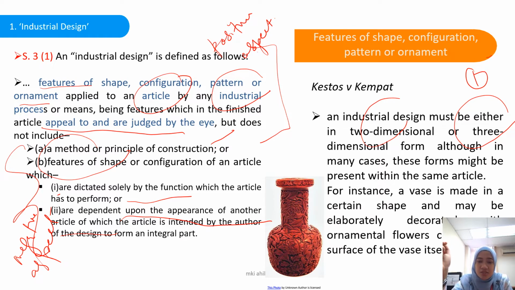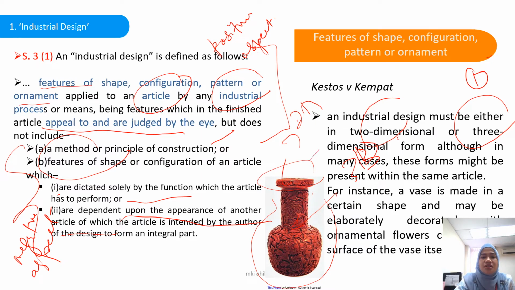For instance, a vase is made in a certain shape, so it fulfills the 2D definition. And when you decorate a flower on the surface of this vase, then it is considered as 3D. So this is actually the combination of 2D and 3D.